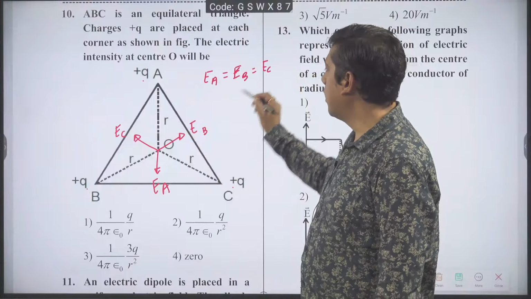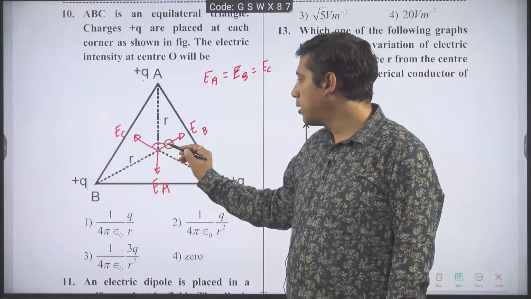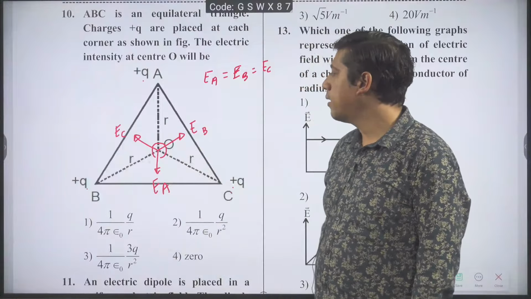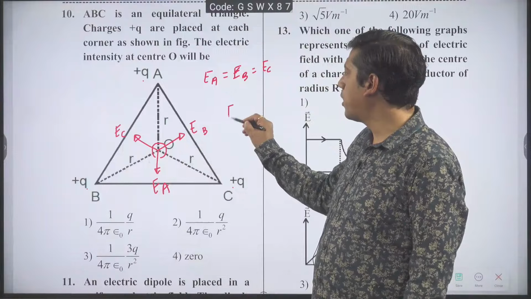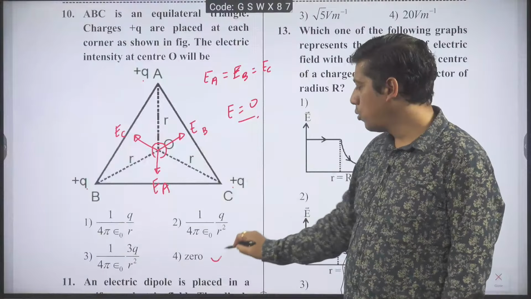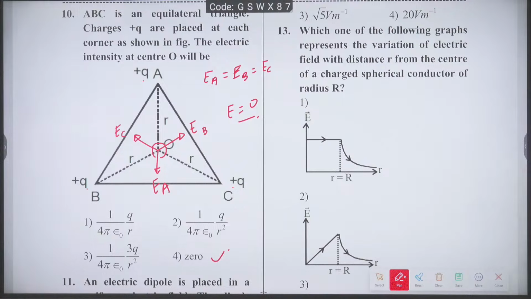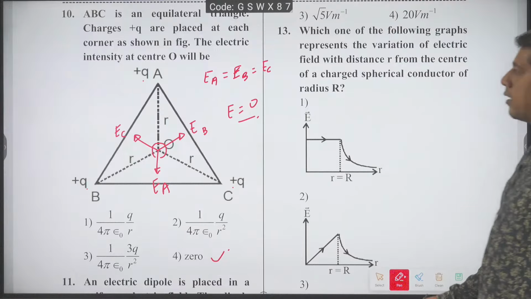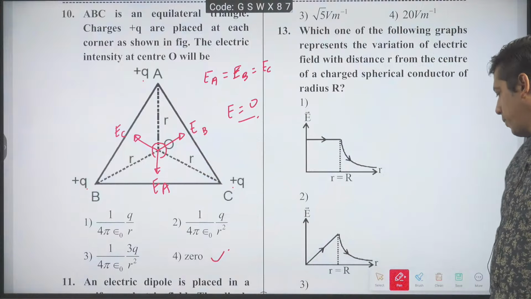So what I said, n number of vectors inclined at equal angles and having the same magnitude, then the net resultant is 0. So the answer will be 0, fourth option. If the charges are different, then obviously you have to calculate. Next.